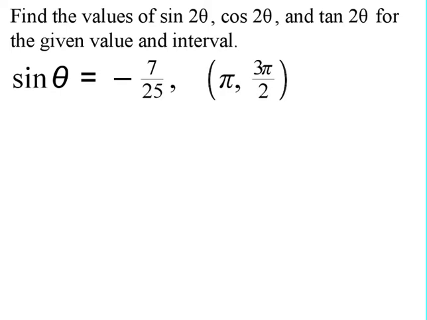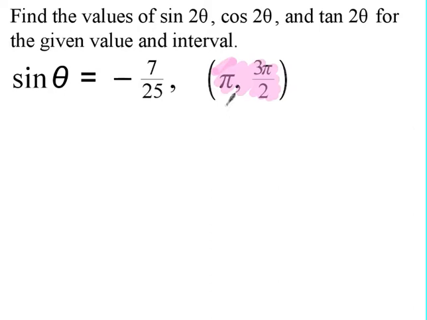The first thing you're going to focus on is this. What quadrant does that tell me that I'm in? What quadrant goes from pi to 3 pi over 2? Pi is how many degrees, by the way? 180 to 3 pi over 2.